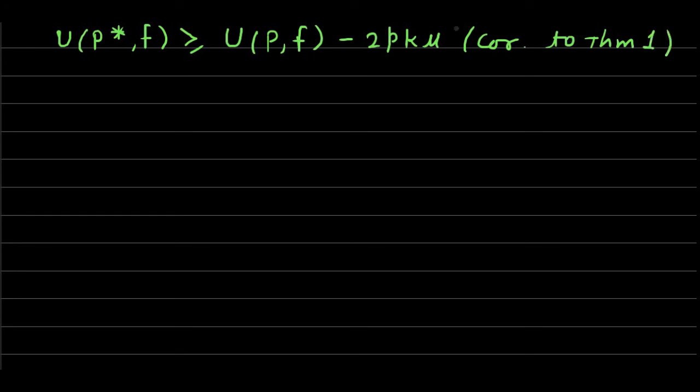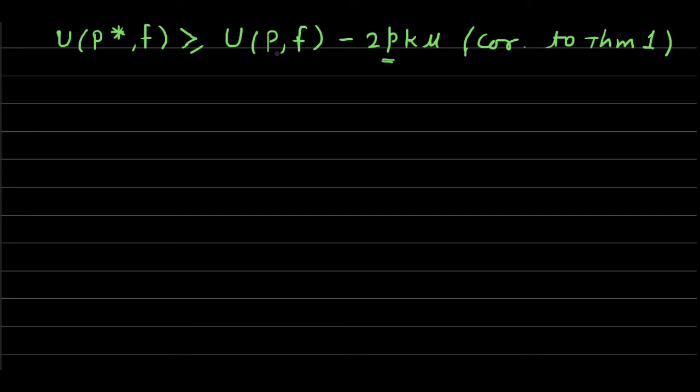But if you remember, at that time we considered that the partition P star, which was the refinement of the partition P, contains exactly P points more than the partition P. If P star contains exactly P number of points more than the partition P, then we have this result.